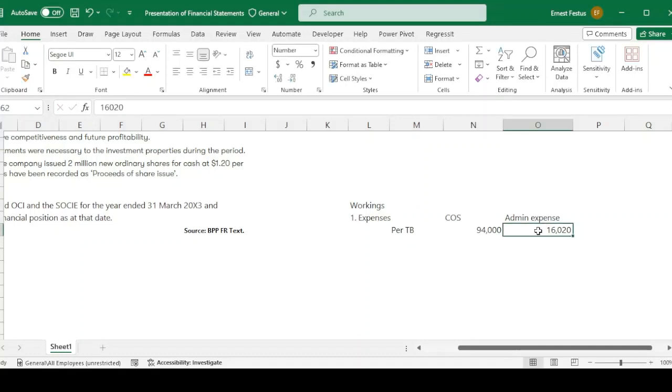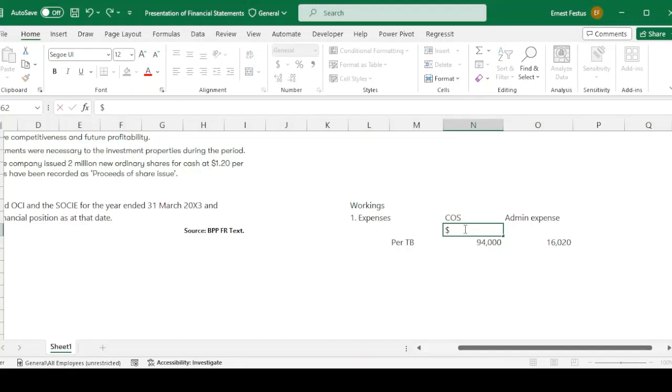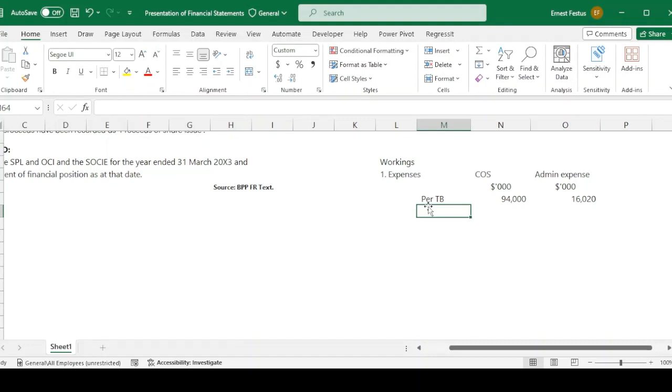So I have to cut this, paste it here, insert my dollar sign, and center. After that we are going to add my opening inventory, which I have in my trial balance.